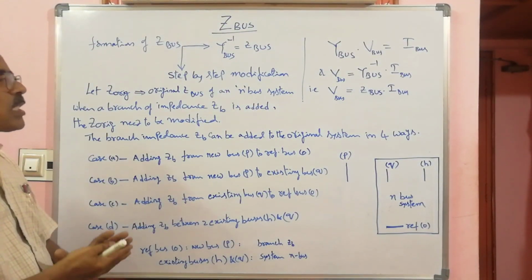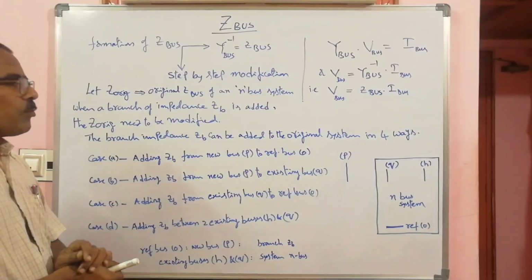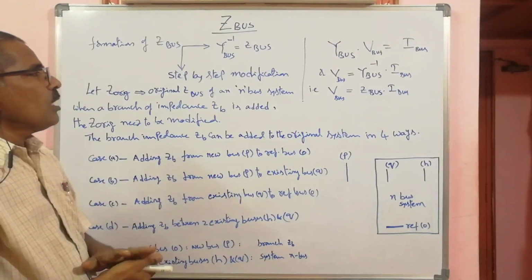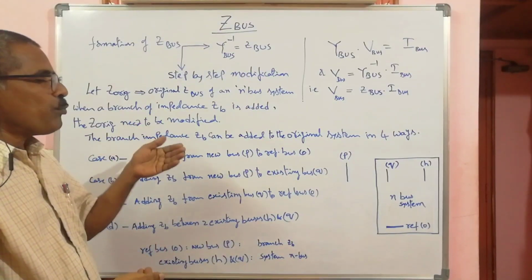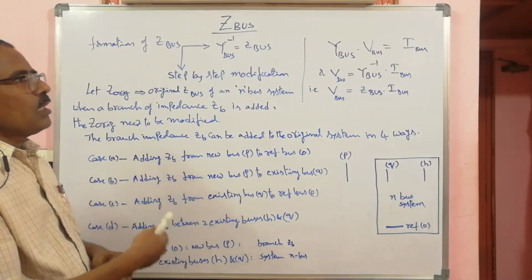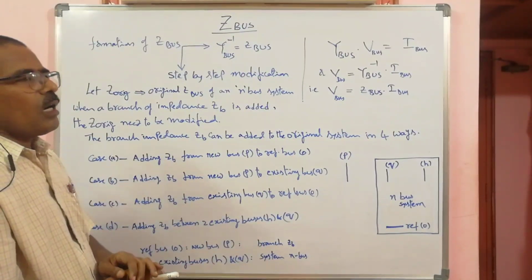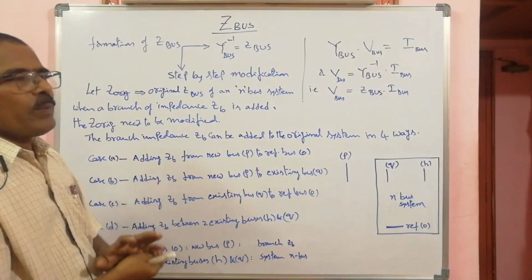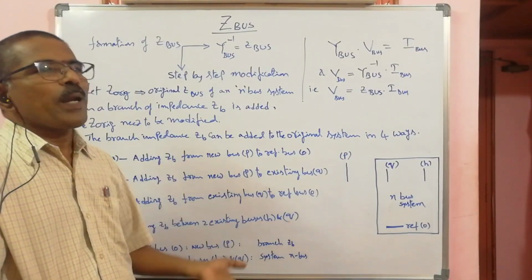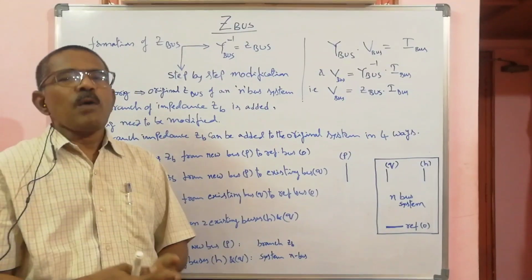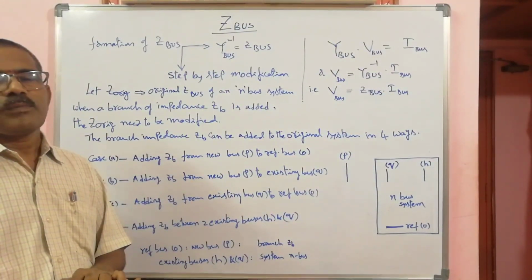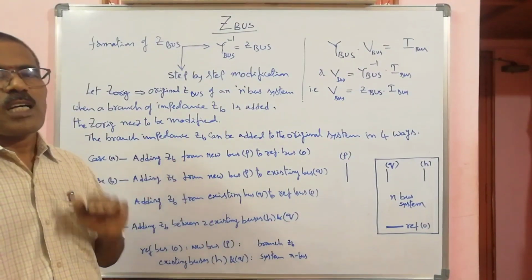For this step by step modification method, we are dealing with 4 cases. That means we will be constructing the network, adding the elements one by one, and when we add each element or each branch of the power system, you need to modify the existing Z bus.